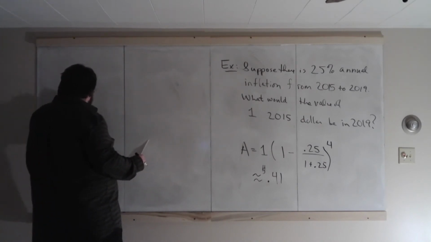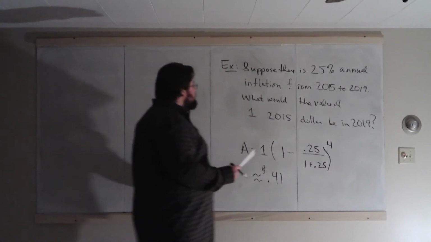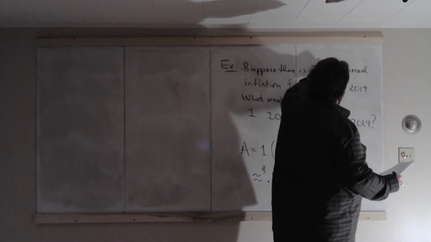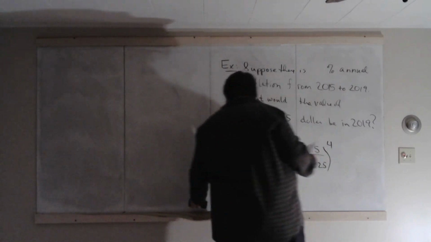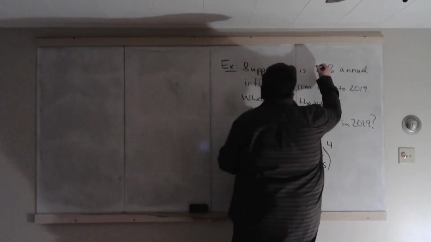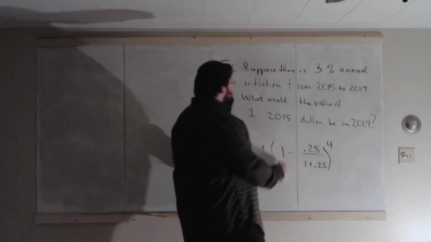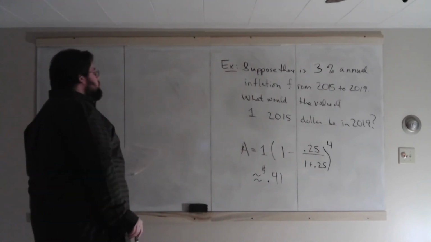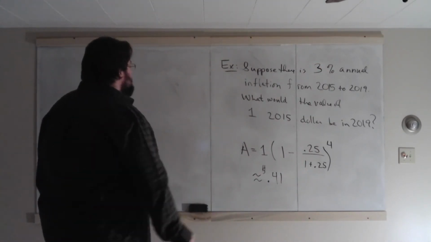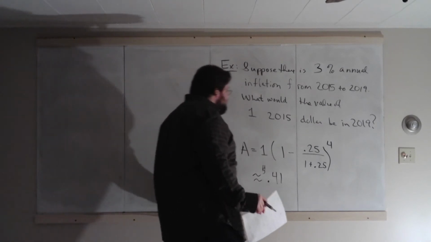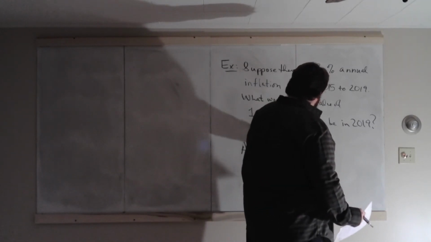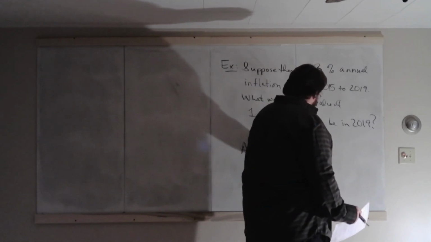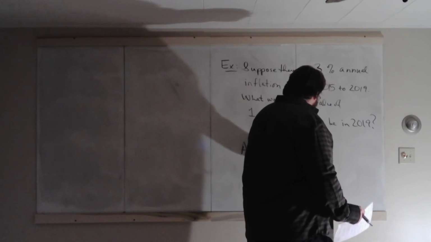Let's look at a slightly more realistic example. What if we changed this to 3% annual inflation? So I was going to rewrite the question, but why do that when I can just erase 2 numbers and replace it with 1 number? Suppose there's 3% annual inflation, which I'm also pretty sure is not realistic.